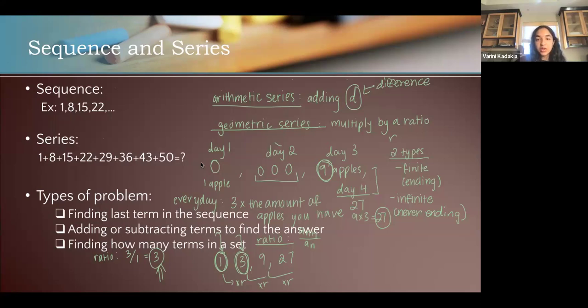Okay, let's go back to the two types of geometric series. You have a finite geometric series, which means it basically ends. Let's say after 5 days, I stop giving you apples. That would be a finite geometric series because your series would end there.